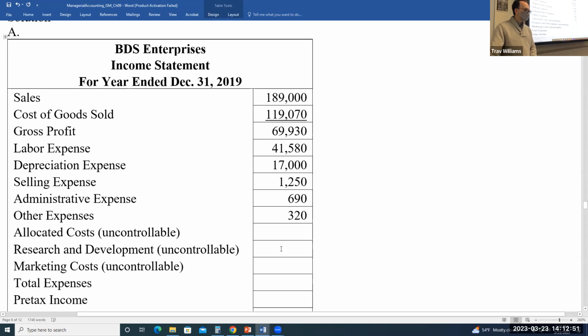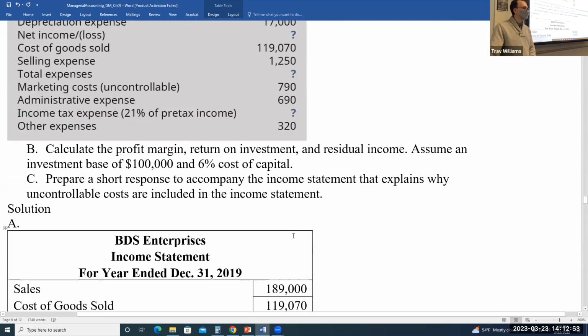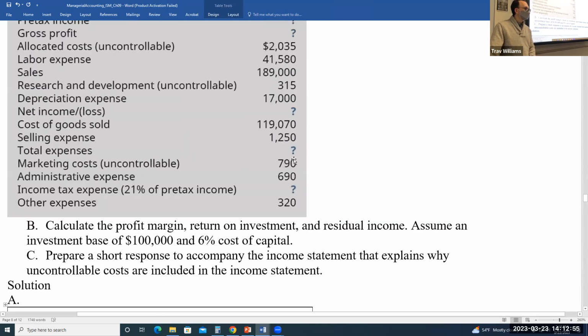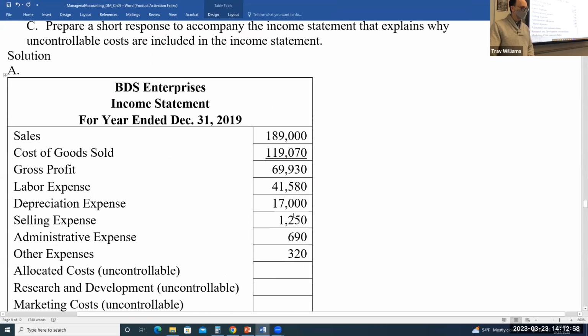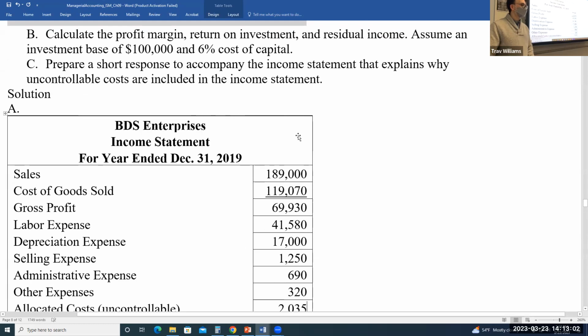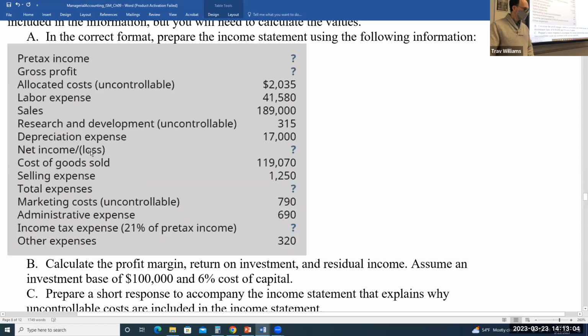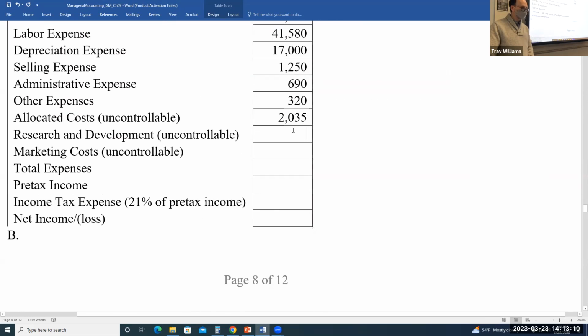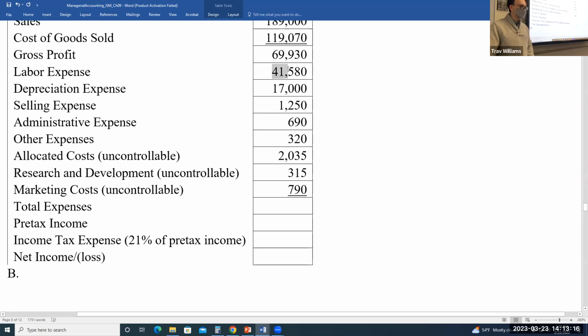Then we have some uncontrollable costs. Allocated is 2,035. We have R&D and we have marketing. R&D is 315, marketing is 790. Okay, then we can add up all of our expenses here from labor expense on down to get a total.